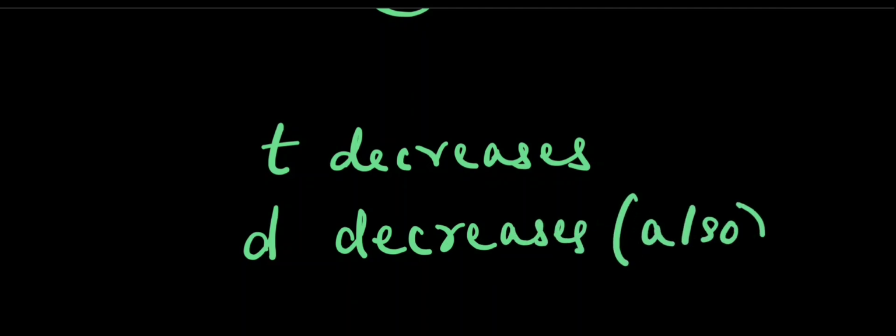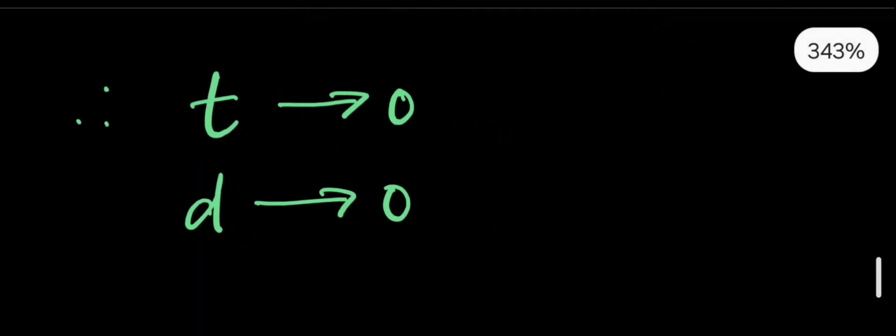So over here, can we say as the time decreases for the train to reach the station, the distance between the train and the station also decreases? So therefore, as t approaches 0, as time approaches 0, distance also approaches 0.